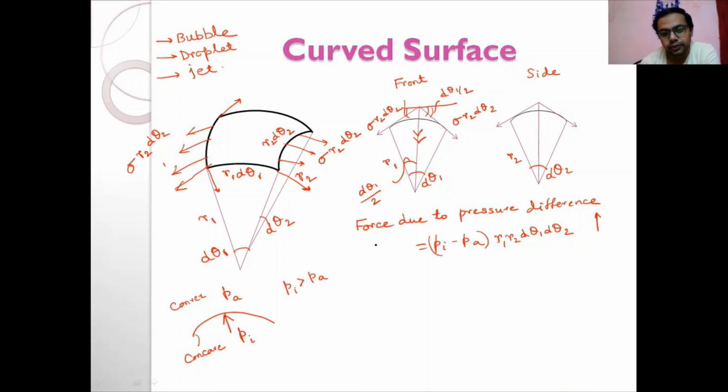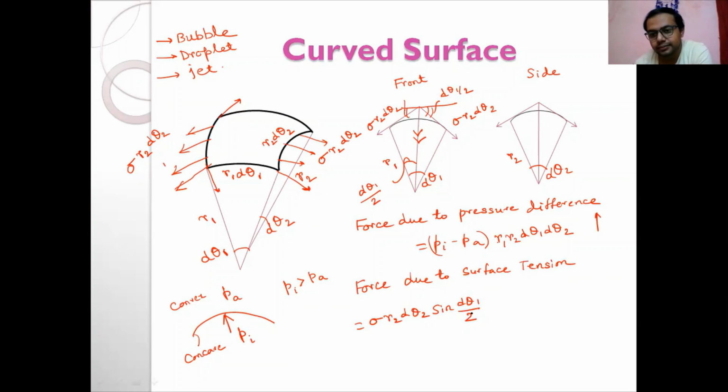So the force due to surface tension is sigma R2 d theta 2 into sine of d theta 1 by 2, acting downwards.